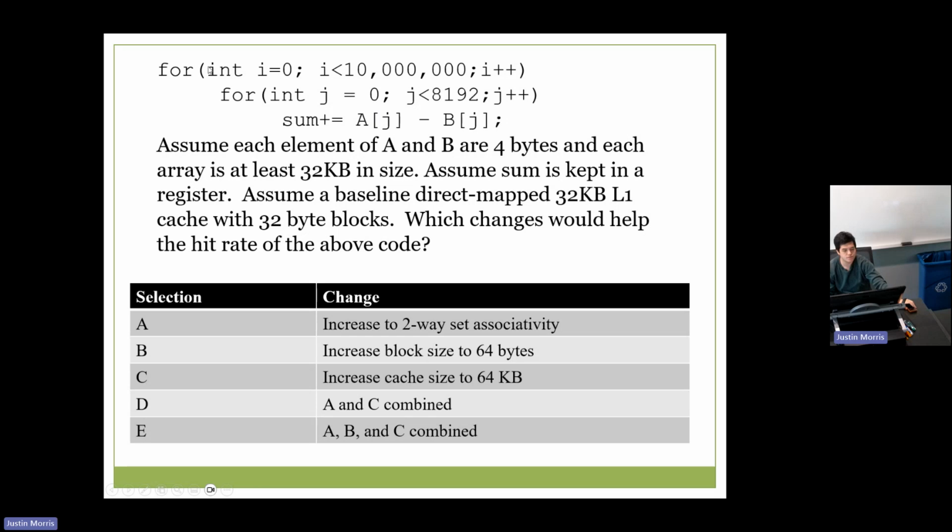I come back to this for loop. Now I is 1, J is again 0. So I need array A at 0, array B at 0. But I check the tag, and what's in that spot instead is array A and array B at 4097, which is not what I need.